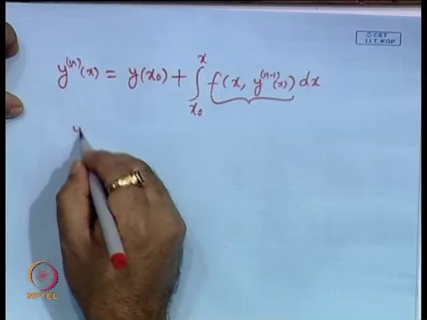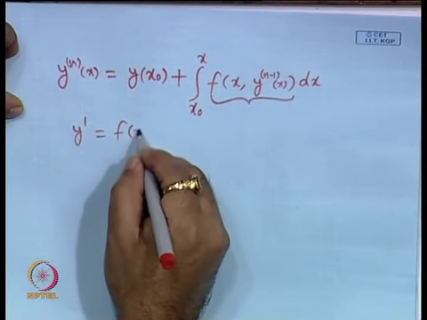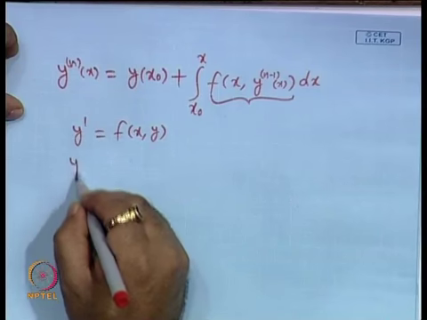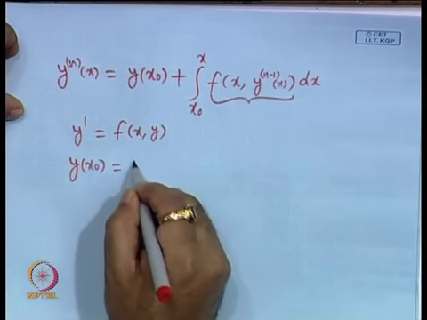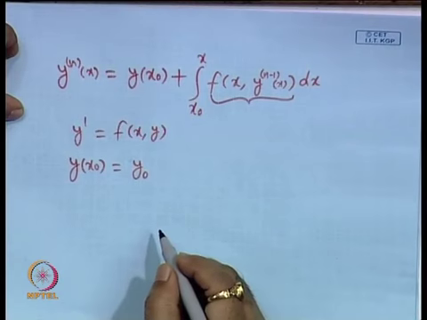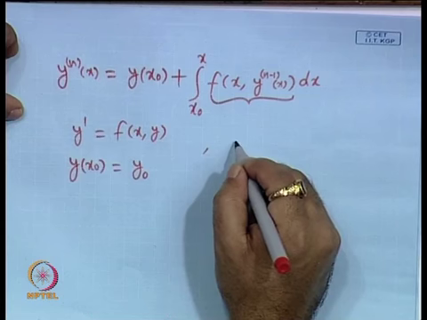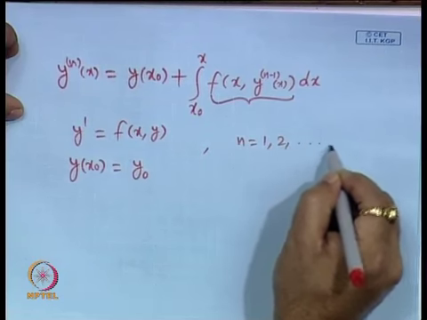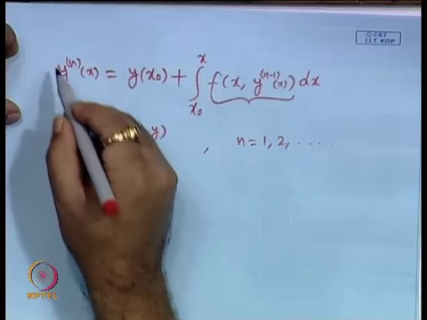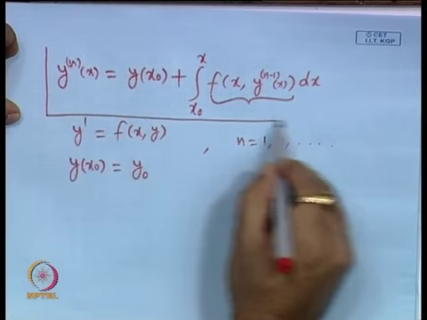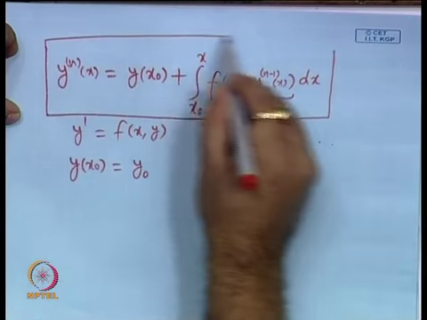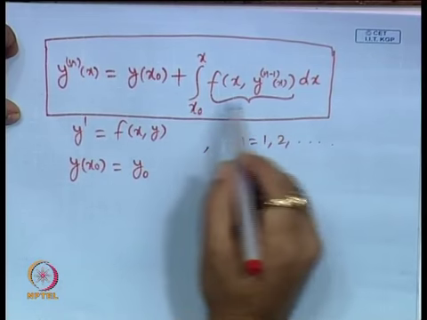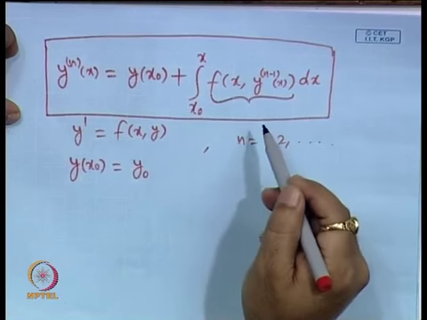This corresponds to our IVP y dashed equals f of x y with initial condition. Okay. So, what is the n there? N is 1, 2, and so on. So, this is the Picard's method of successive approximation, and we ensure the convergence under Picard's existence and uniqueness theorem.